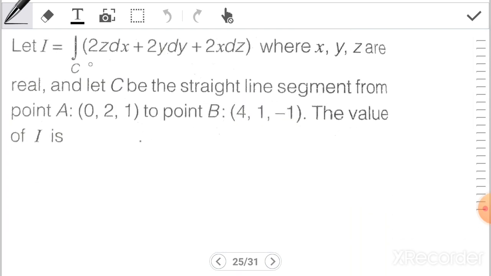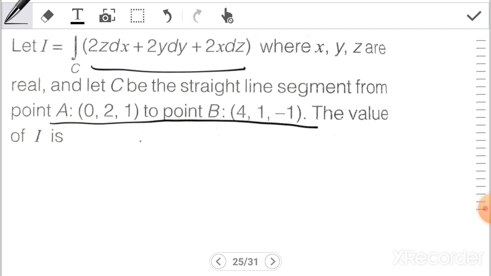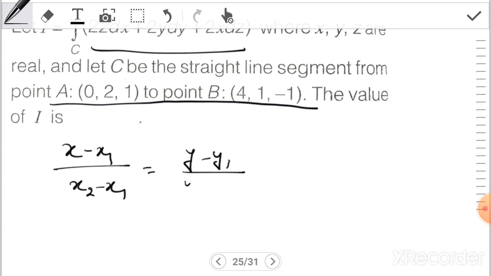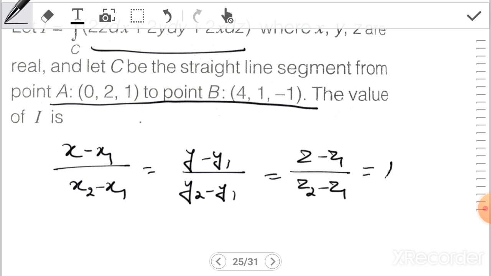So let I be the integral where x, y, z are real and let C be the straight line segment from point A to point B. The value of I is. So let us find the relation in terms of another variable, in terms of x, y and z. So (x minus x1) by (x2 minus x1), (y minus y1) by (y2 minus y1) and (z minus z1) by (z2 minus z1), which is equal to say t.